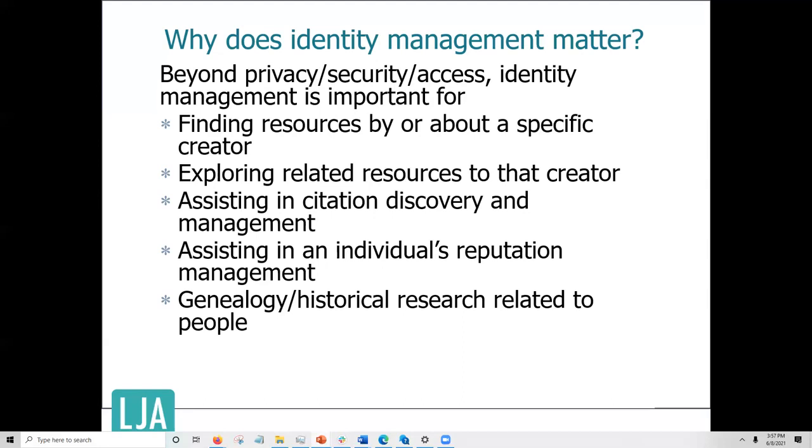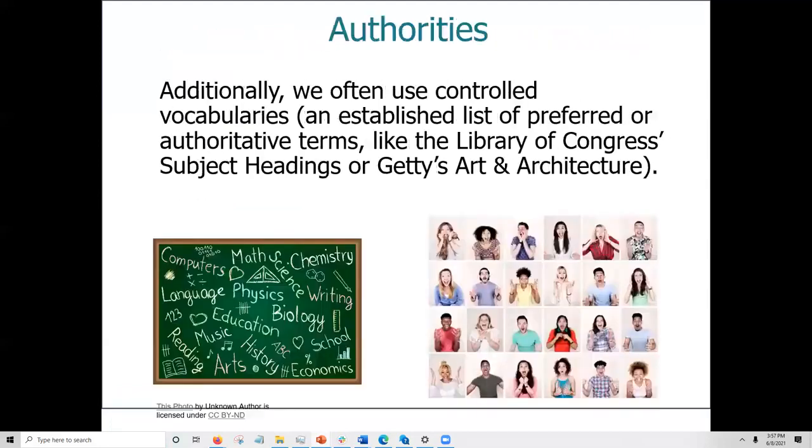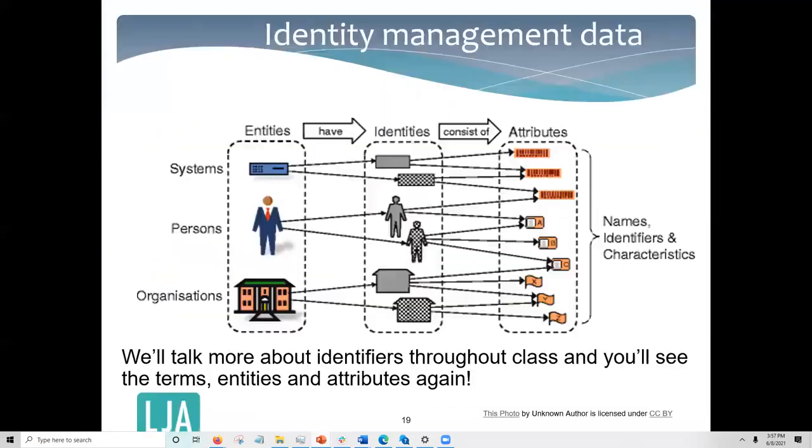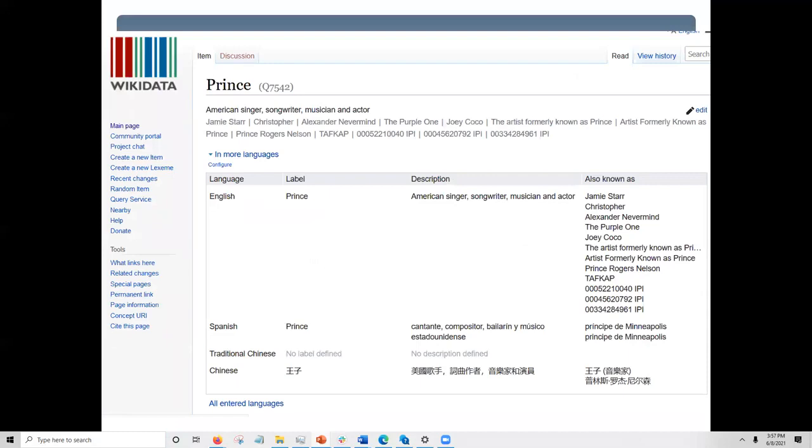We also sometimes want to explore related resources to that person. So, when we look at Prince, he has a lot of other names he's performed under. And so perhaps we know that he has released some music under Joey Coco, and we want to hear that or see that.